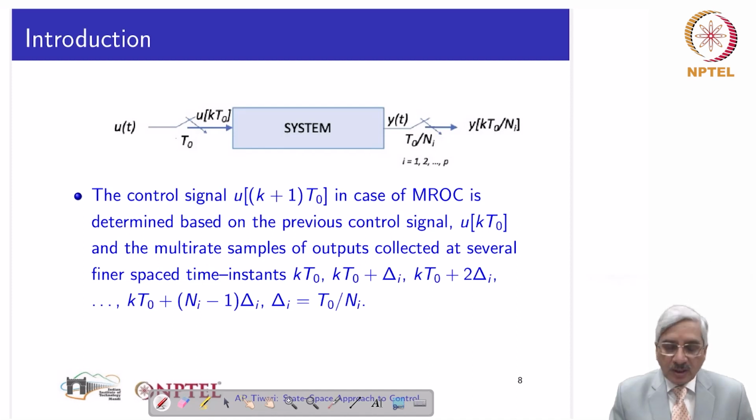They are allowed to be different. So once the samples are collected in one sampling interval T0, then the control signal is computed on the basis of two components.